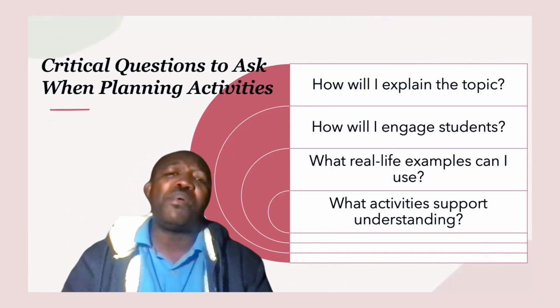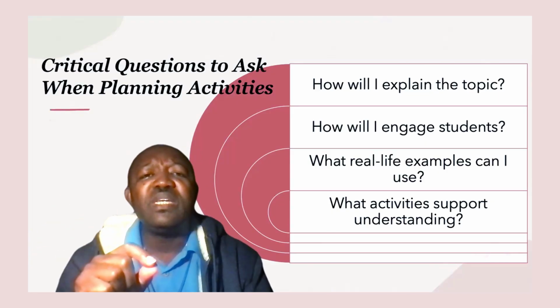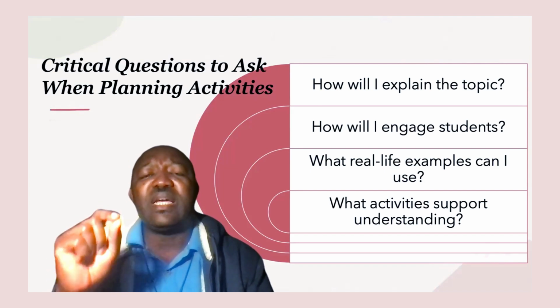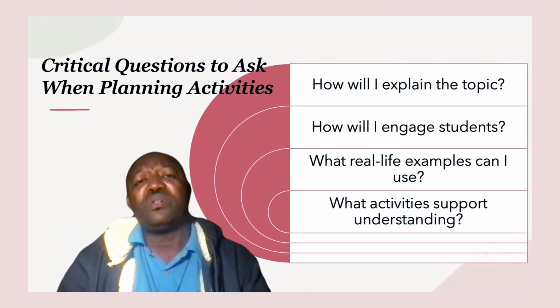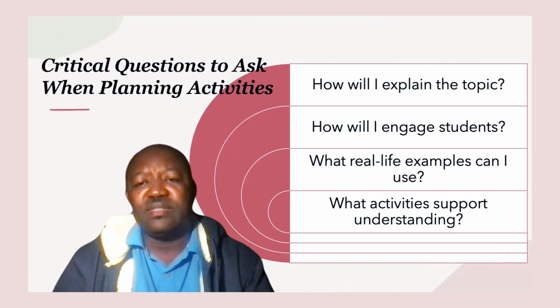Those can be examples that are picked from here and there. And they should be appropriate examples that will go a long way to explain what I intend to teach.